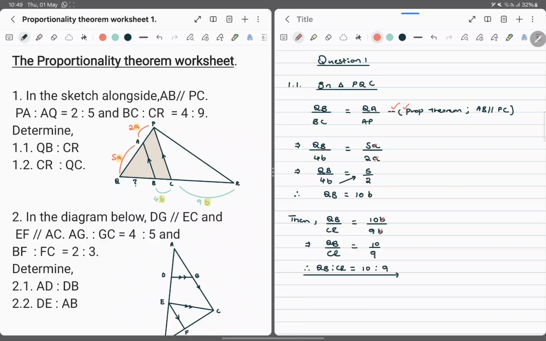Okay, so the rest of it all doesn't really matter, guys, but what matters is finding QB in terms of B. All right, and then the last mark is for the answer. The rest is just a means to an end. So I can give you 4 marks here, but you may very well get just 3 marks.